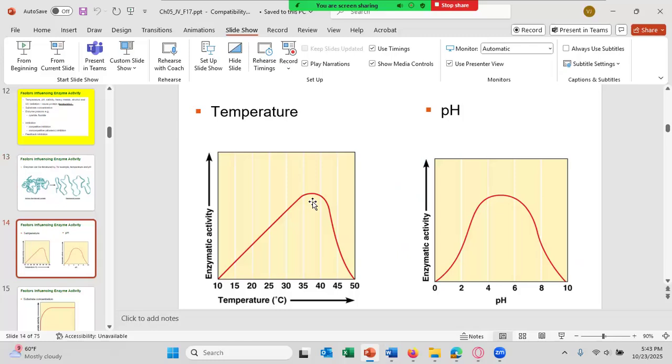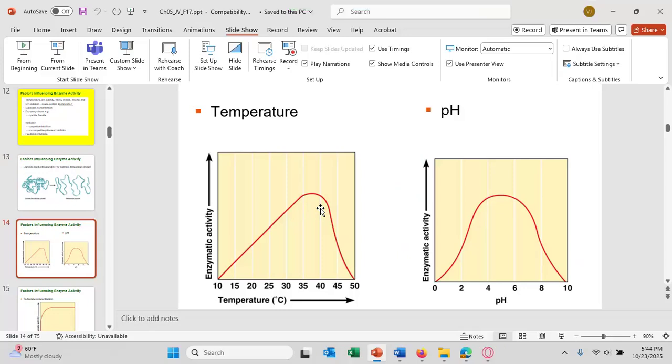And when you move away from that, like 35 degrees and 40 degrees, the enzyme starts losing its activity. That's because the enzyme is becoming denatured, losing its correct shape, and therefore the enzyme is still working, but it's not working at its optimal rate.